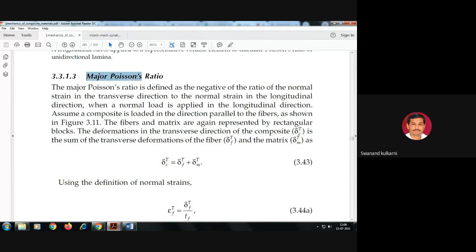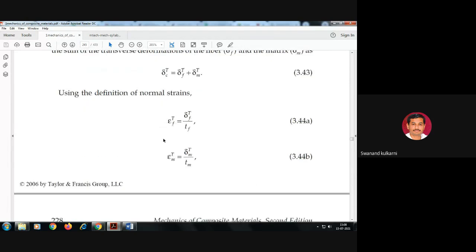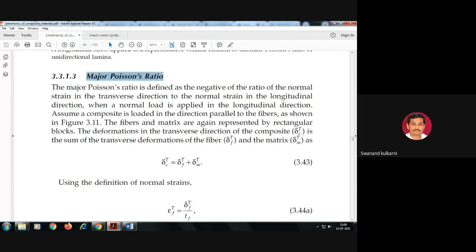So how is this major Poisson's ratio calculated here? You can understand the major Poisson's ratio and the minor Poisson's ratio. First of all, we should understand the difference between these two. What is meant by major Poisson's ratio and what is meant by minor Poisson's ratio? With that difference, we will proceed.